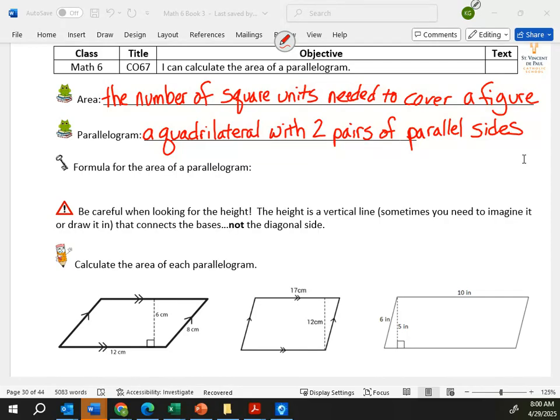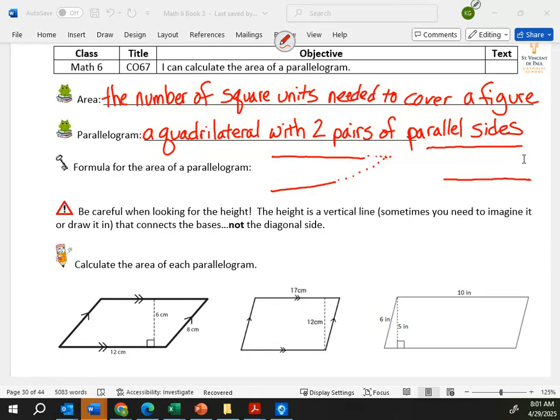So when we look at a parallelogram, we have one side going like that, another one going like that. They can keep on going and going and going, and they're never going to touch. It's not like we had one line that was going like this and another one that was going like that, because we know eventually they're going to connect.